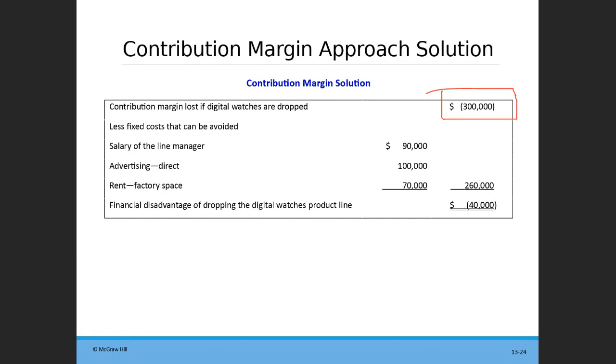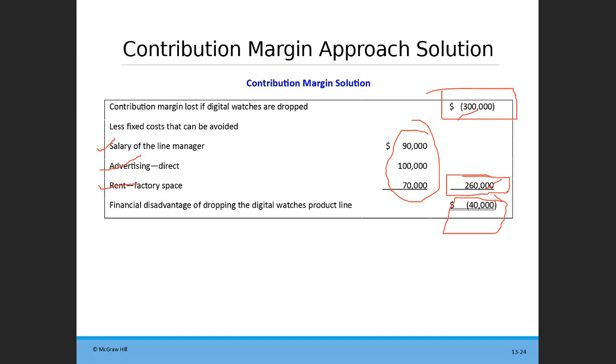So starting with my 300,000, if we drop the watches, we would drop the salary of the line manager, the advertising for those watches, and the rent for that part of the factory, right? So if you add these up, the fixed expenses attributed to the watches would be 260,000. So 300,000 minus 260 is 40,000.